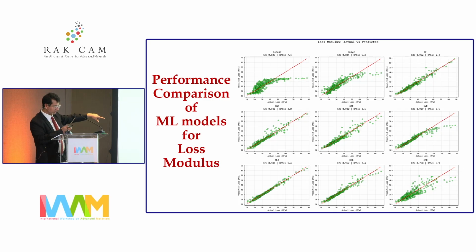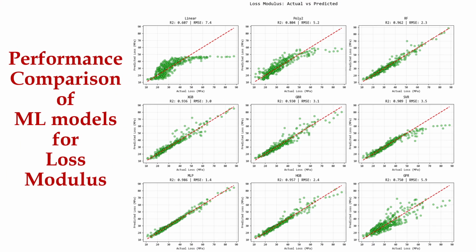Similarly, for loss modulus, I trained all the models, and I split my data 80-20. So 80% of my data was used for training and 20% for validation. In this also, MLP got the highest value, which is 0.986.